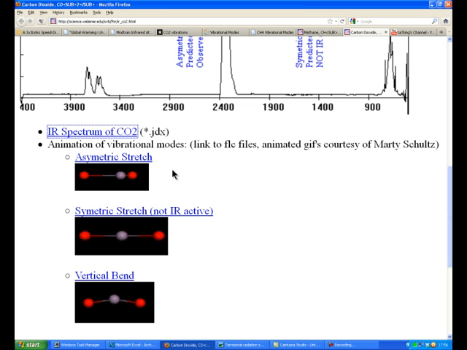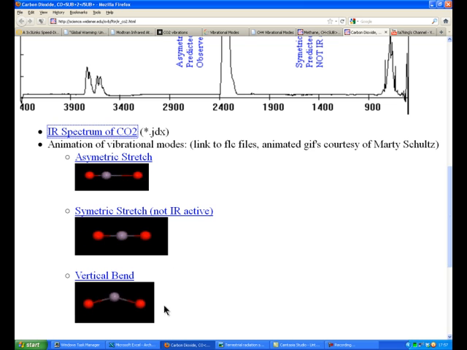So the asymmetric stretch of carbon dioxide and the vertical bending moment of carbon dioxide both produce a dipole, which means that they are infrared active. So the molecules will react to infrared radiation leaving planet Earth.